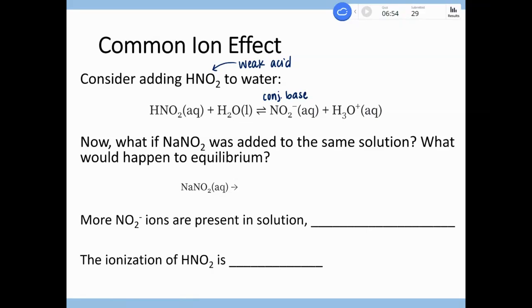Well, NaNO2 would separate into Na plus, NO2 minus. We're increasing the amount of NO2 minus in solution. Remember Le Chatelier's principle. That means that reaction will shift to the left, equilibrium will shift to the left.